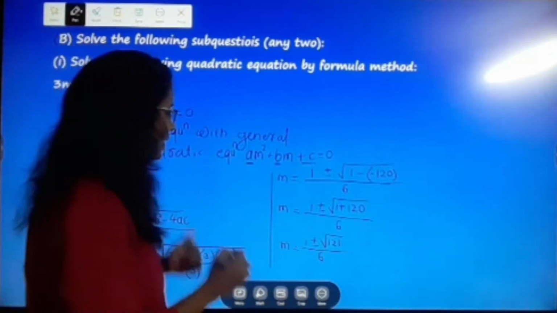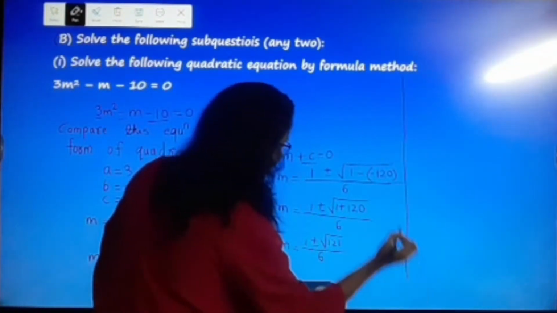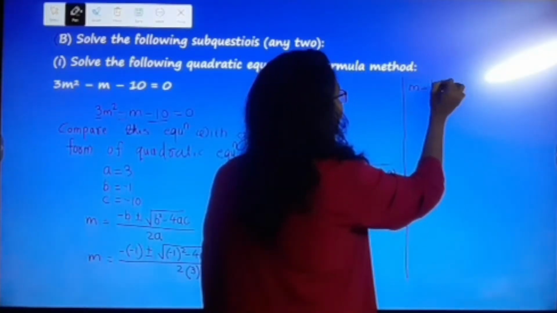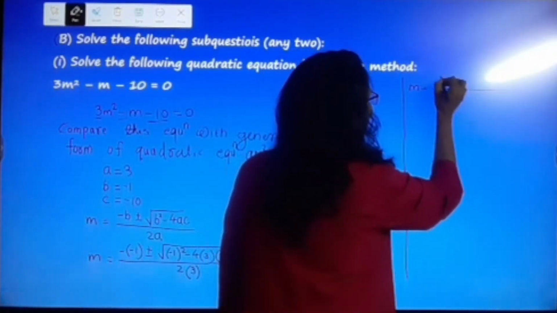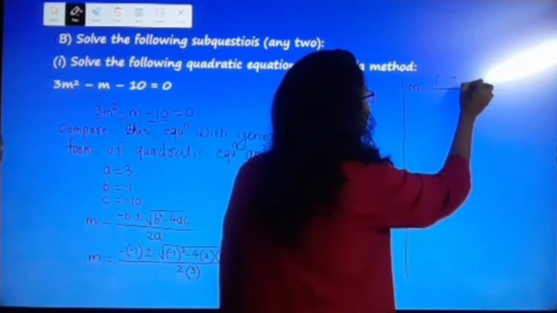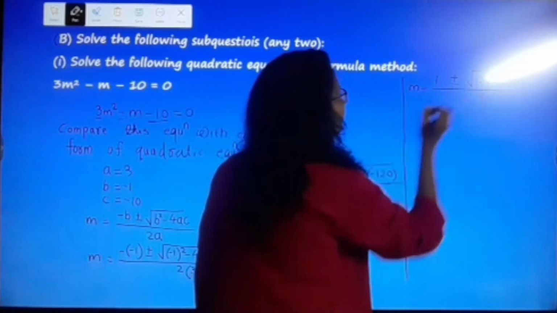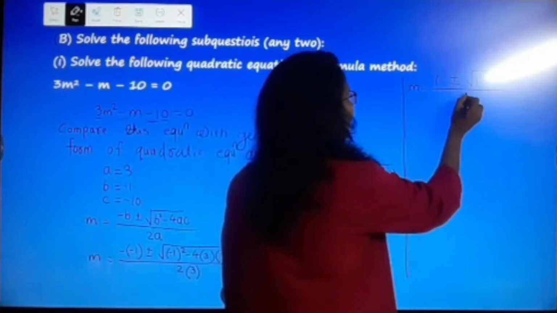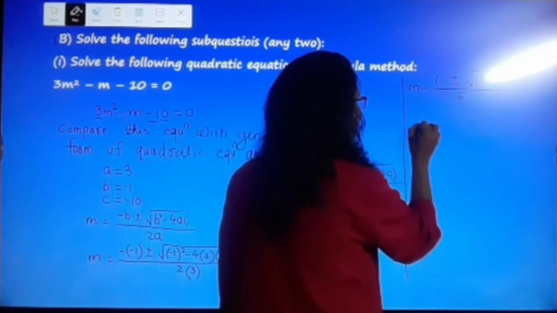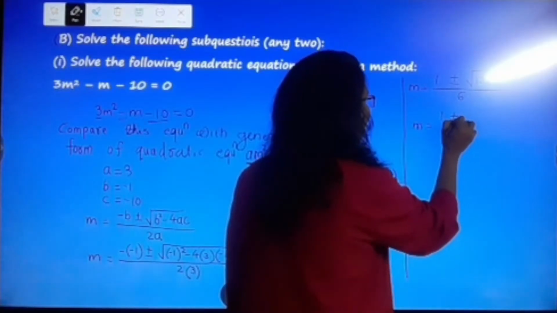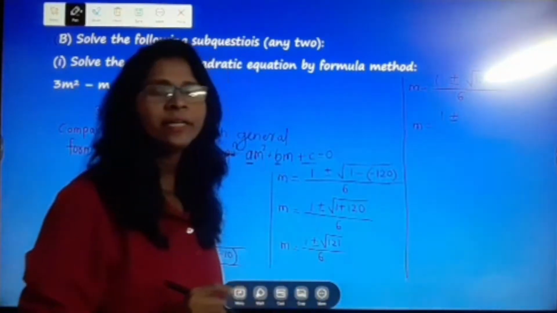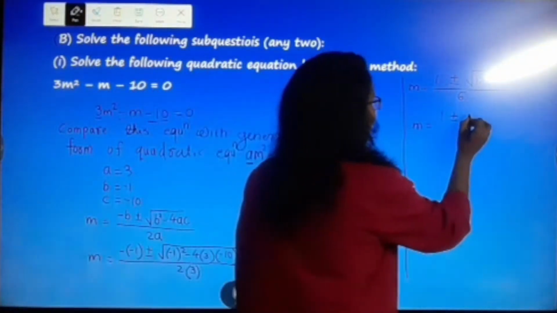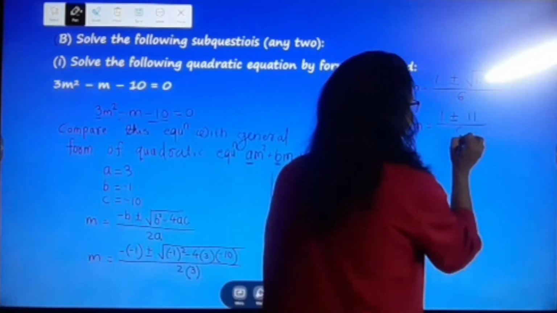Okay, the next step, that is m is equal to 1 plus or minus in the square root 121, then divided by 6. So here students, that 1 plus or minus square root of 121, and that is equal to 11. So here I write 11 divided by 6.